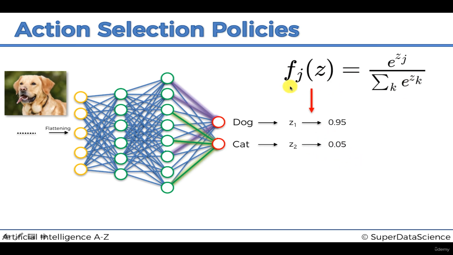This is the formula for the softmax. What it does is it takes however many outputs you have, doesn't matter, and squashes them all into values between 0 and 1, regardless of how big they are. Just by looking at this formula, you can see that there's a total sum at the bottom. So these values are going to be between 0 and 1, and all these values are also going to add up to 1 always.